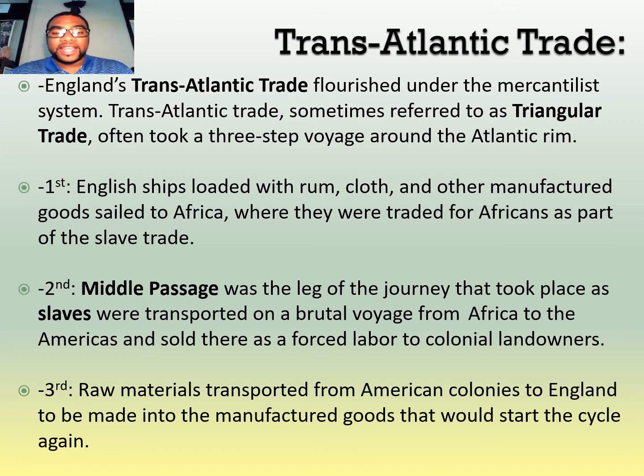Middle Passage was the leg of the journey that took place as slaves were transported on a brutal voyage from Africa to the Americas and sold there as forced labor to colonial landowners. Raw materials transported from American colonies to England to be made into manufactured goods would start the cycle all over again. So it's just to give you a good idea of what the transatlantic trade was. Moving right along.